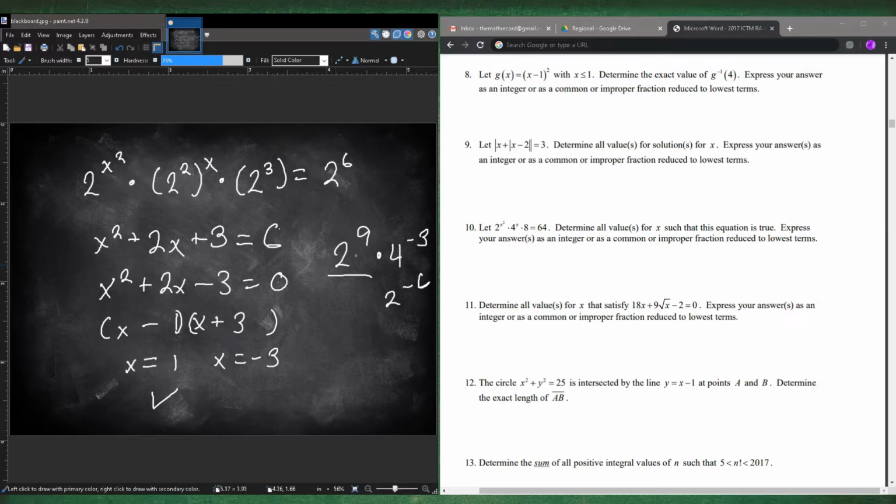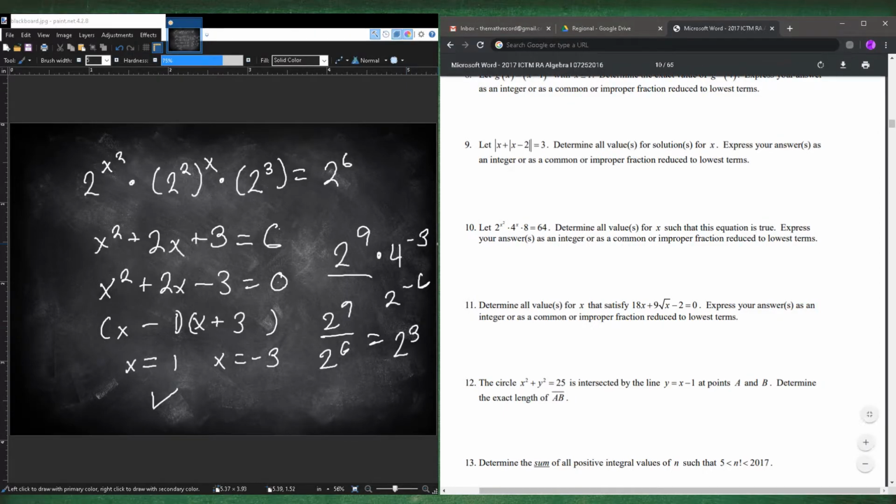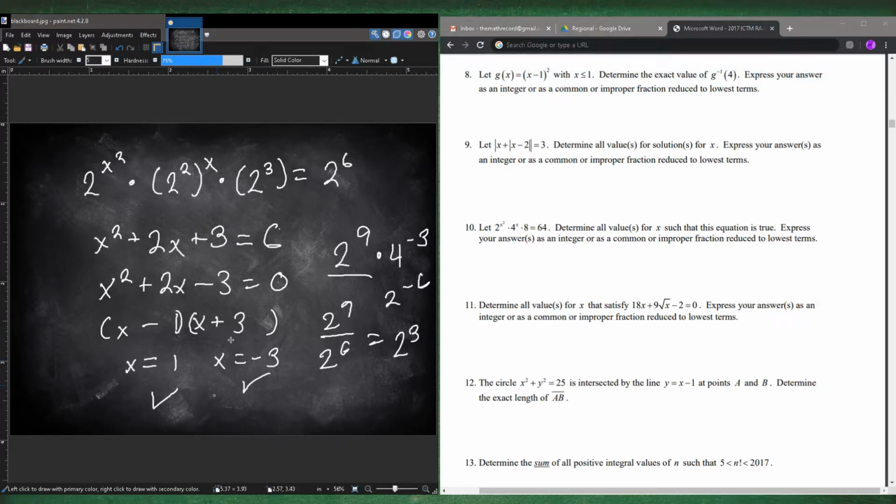So that is equal to 2 to the 3, which is 8. And 8 times this remaining 8 is equal to 64. Okay, so negative 3 also works. So our answers for number 10 are 1 and negative 3.